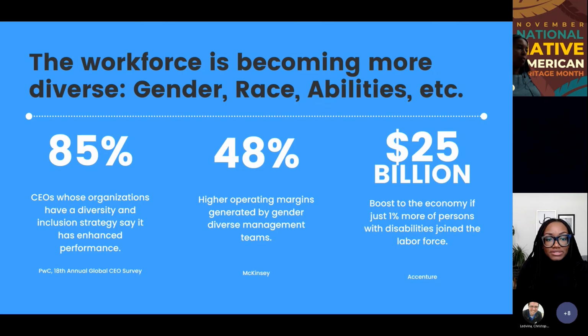And then 48% reported having higher operating margins generated by gender diverse management teams. Also, this last figure, $25 billion. There will be a $25 billion boost to the economy if just 1% more of persons with disabilities join the labor force.